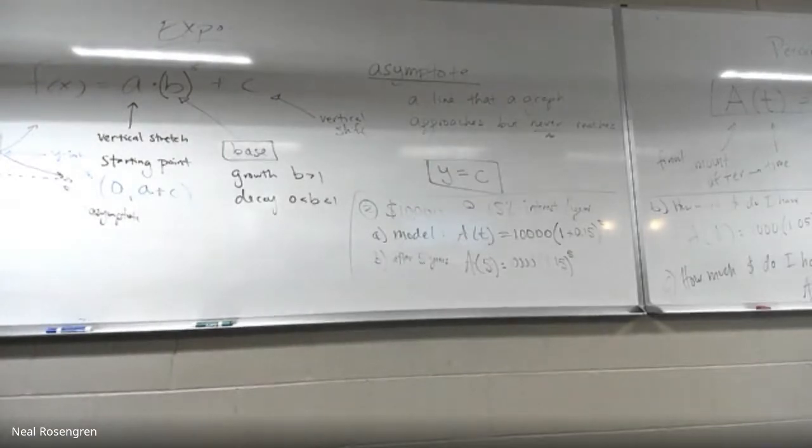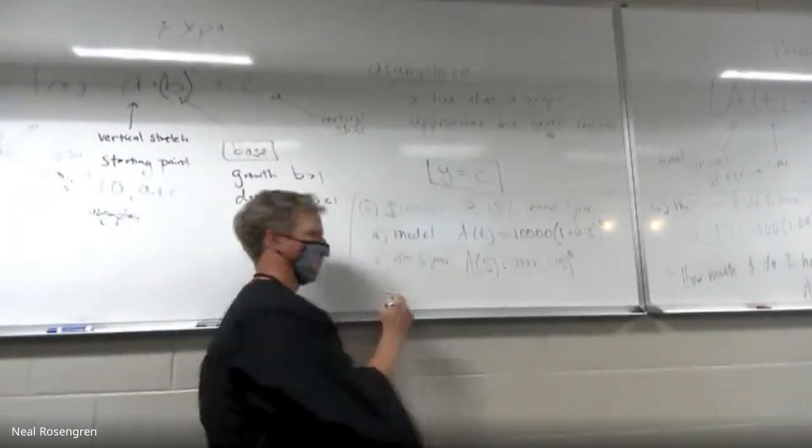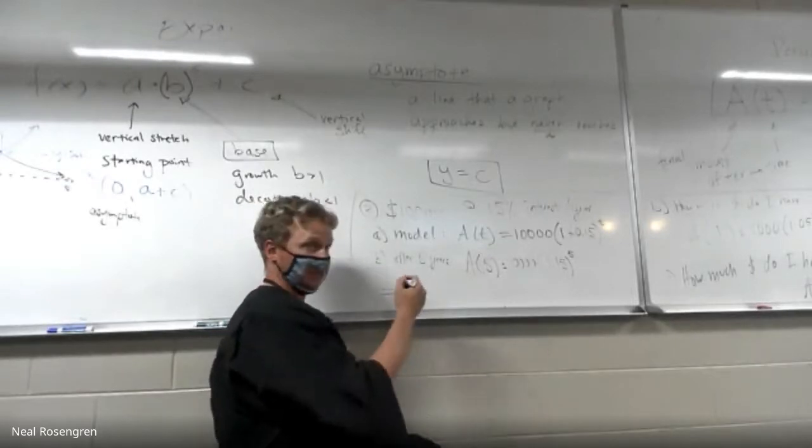Got enough zeros here. Let me help you out. 10,000 times 1.15 to the power of 5. Not going to round yet. I'm going to get a whole bunch of decimals. I have no idea. Help me out.